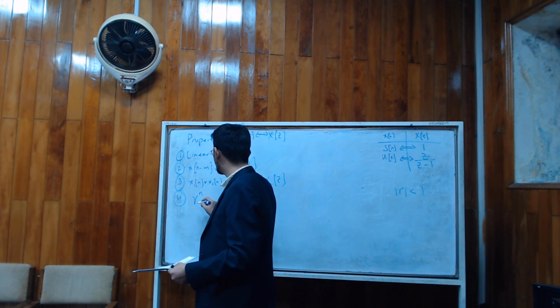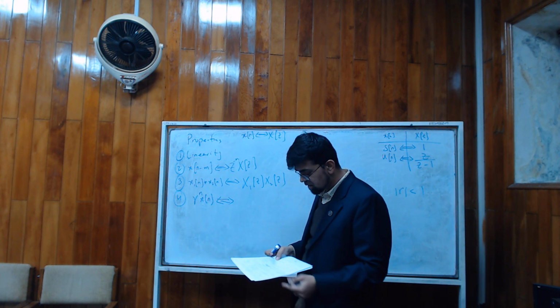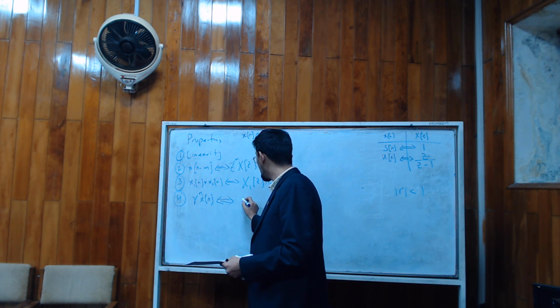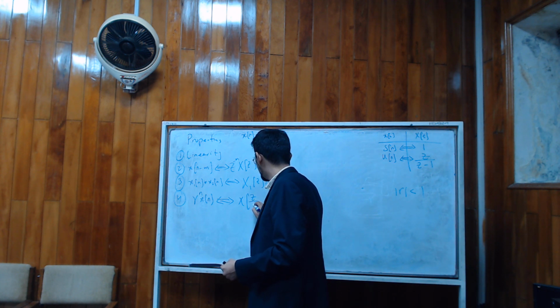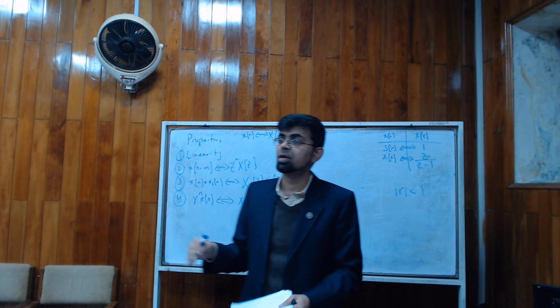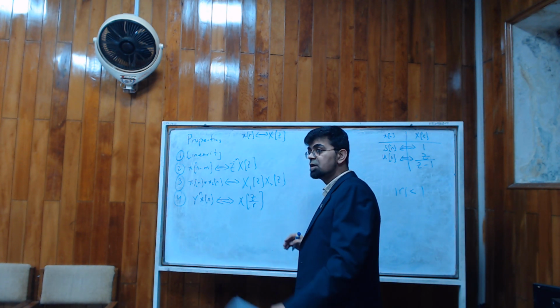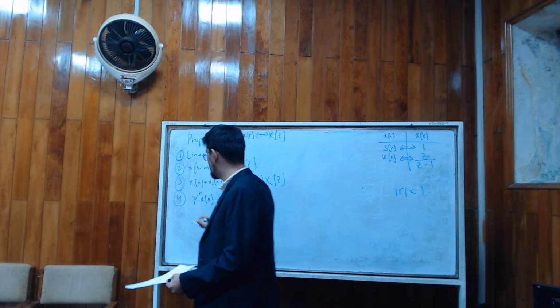If you multiply by an exponential in time, what happens in frequency? The Z transform becomes X of z over gamma. And depending on gamma being greater or less than 1, this could be compression or expansion of the signal in the Z domain.